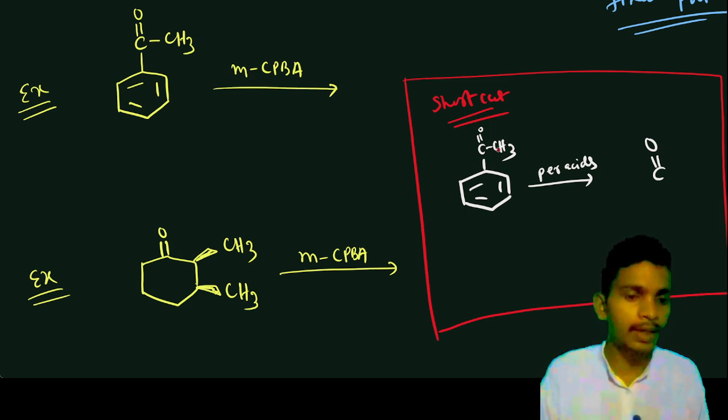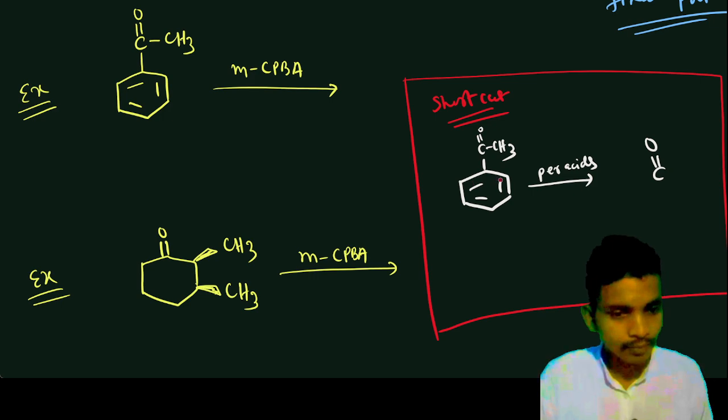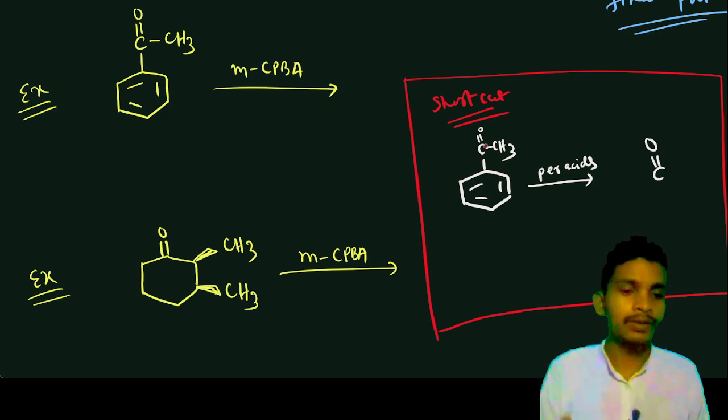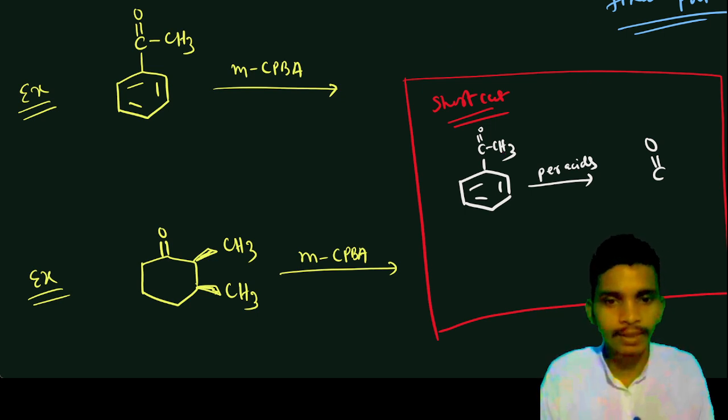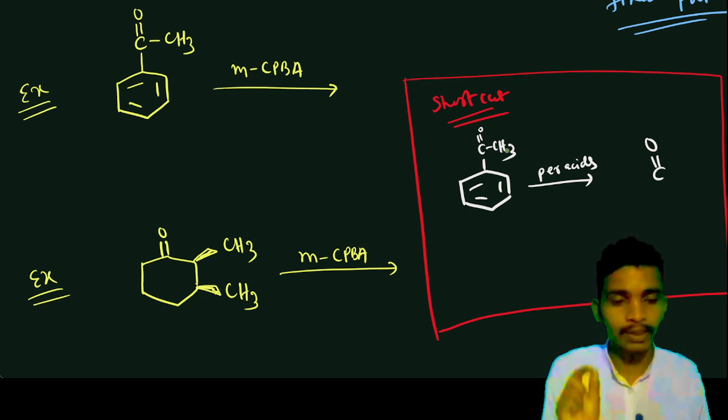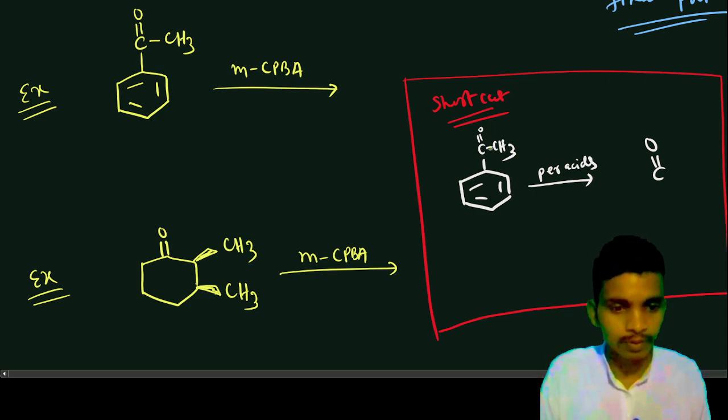Now here we have CH3 and this O. In between these we will check the migratory aptitudes. Migratory aptitude plays a very important role here. Now we check the migratory aptitude of the groups other than the CO group that I have kept as it is.